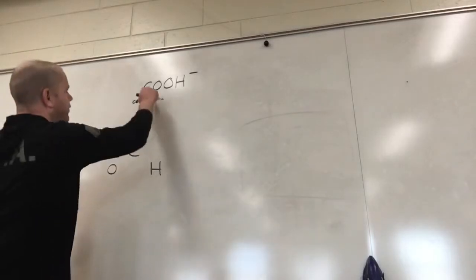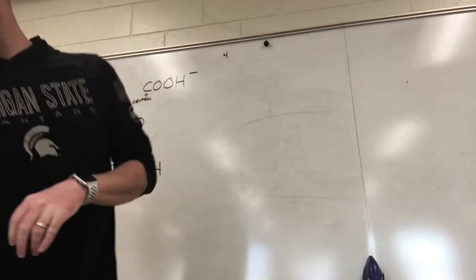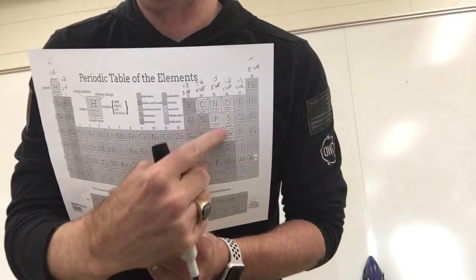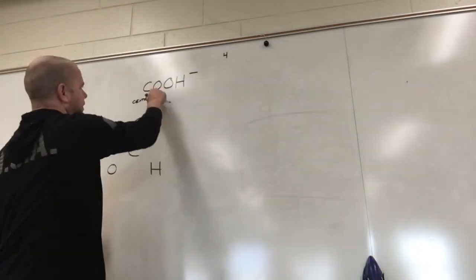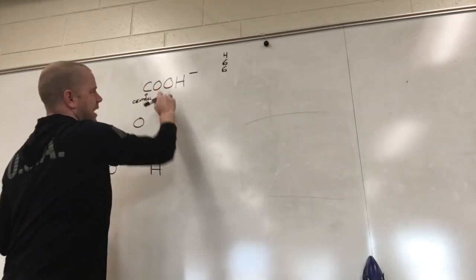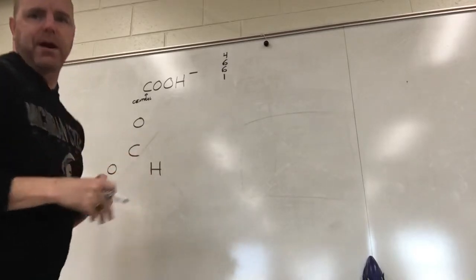And so we have 4 for carbon. When we look at oxygen, okay, oxygen is a chalcogen, it's right here. All of the chalcogens have 6. Well, there's 2 oxygens in our formula, so 6 and another 6. And hydrogen has 1. We established that on the last problem, right?